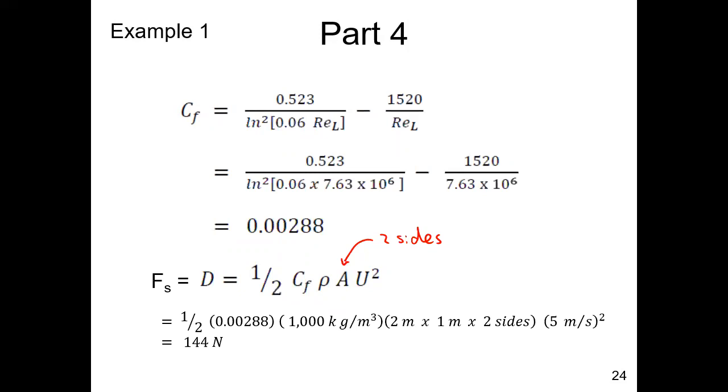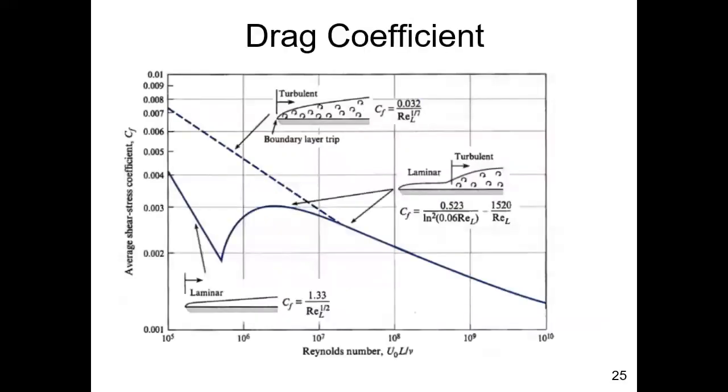So again, everything here has been copy and pasted from your handout. I was trying to make life easy for you so you could just annotate on your handout. So this is on page 5 of your handout. It's the drag coefficient on the vertical axis, C sub F, versus the boundary Reynolds number at the trailing edge, REL.